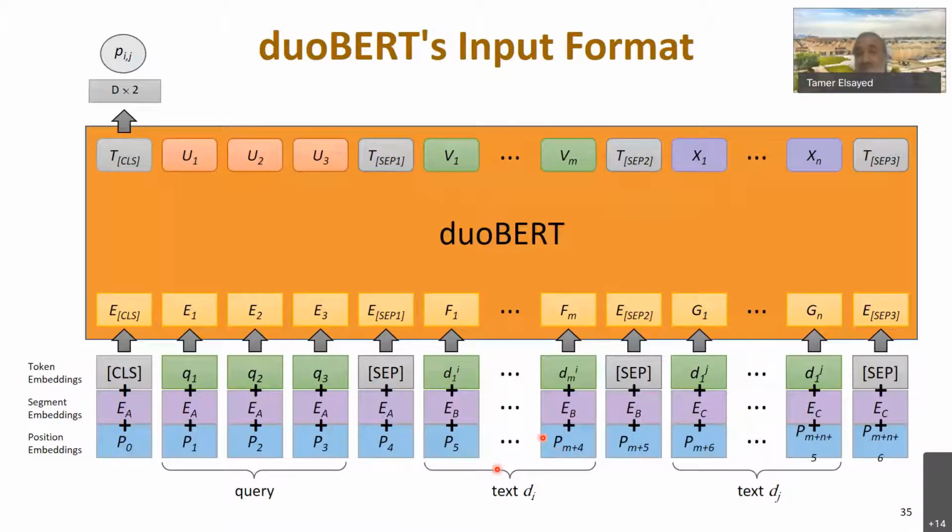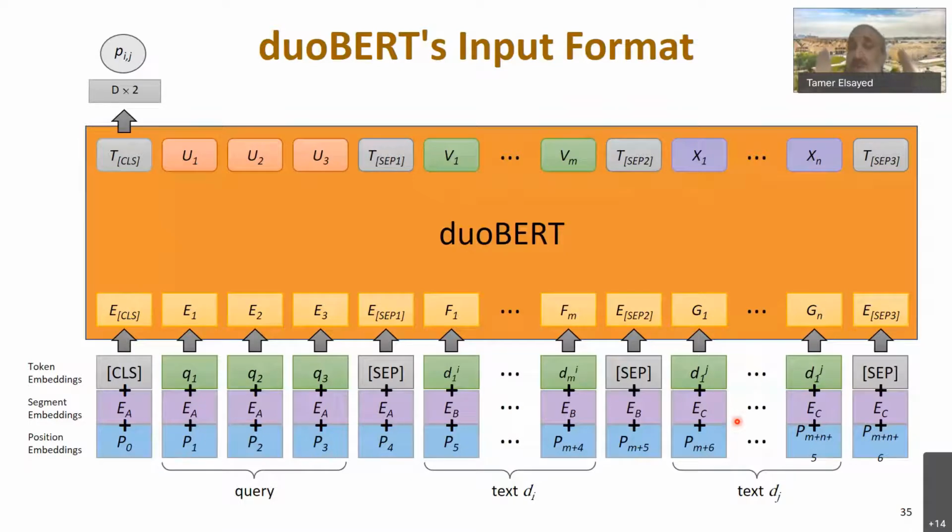duoBERT is BERT, of course, but in the input it divides the input into three parts. Remember in monoBERT, we had the query and the passage, and we had a separator between the query and the passage. Here we have two passages, still within the 512 tokens, by the way.